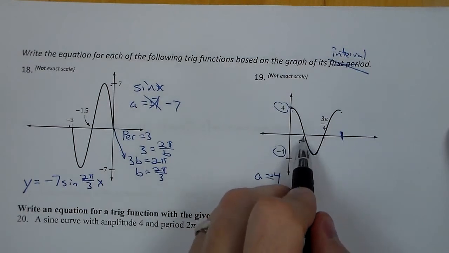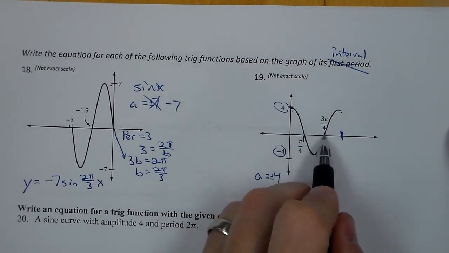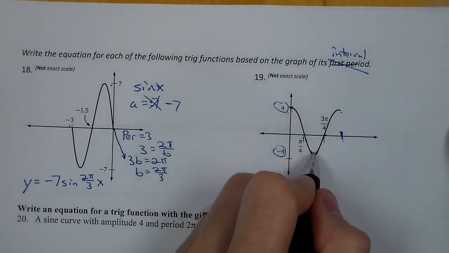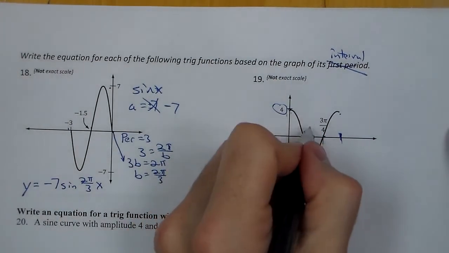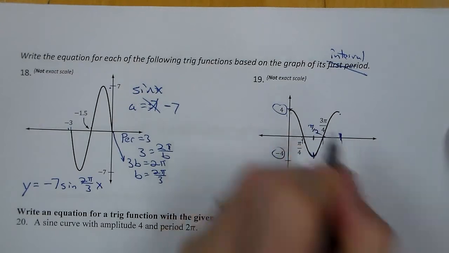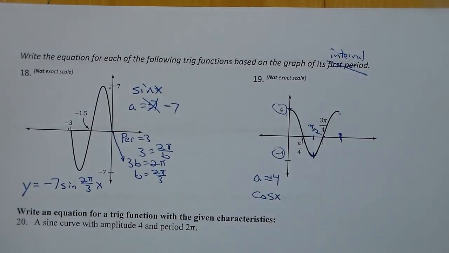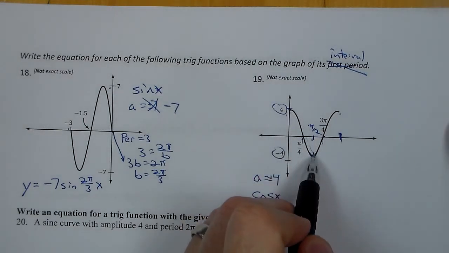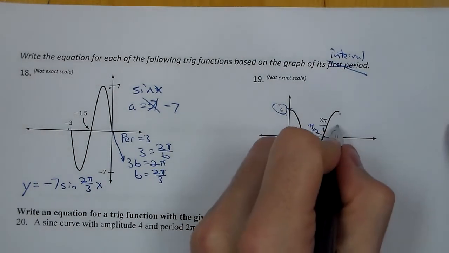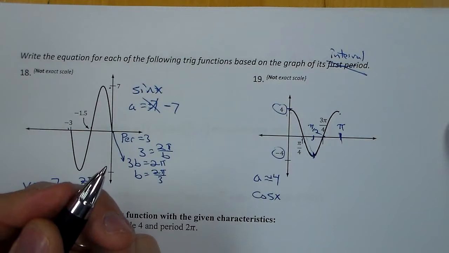Well, so far I have pi over 4 and 3 pi over 4, which are actually between two zeros. But I have this middle step here. Halfway between 1/4 and 3/4 is 2/4, or pi over 2. So if that's pi over 2, and that's half of the period, the full period would end at pi.